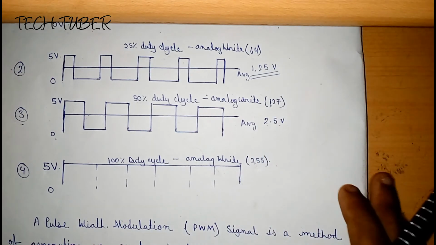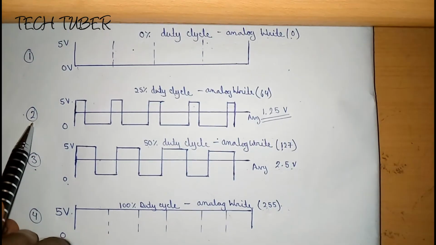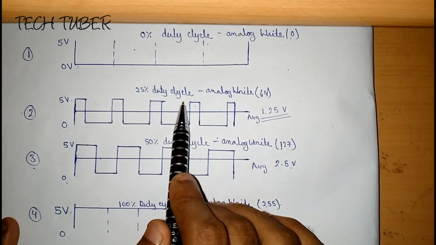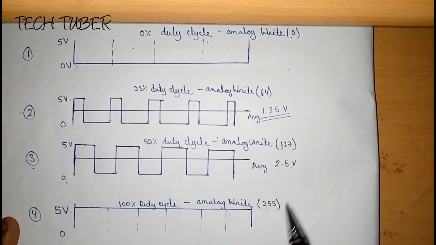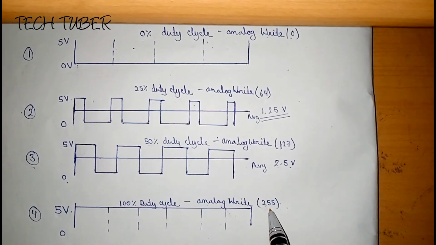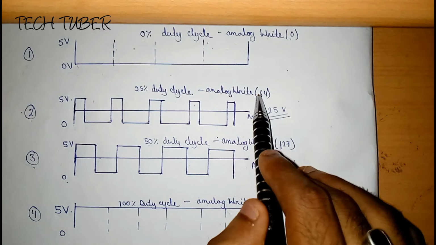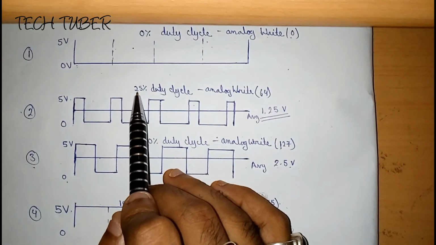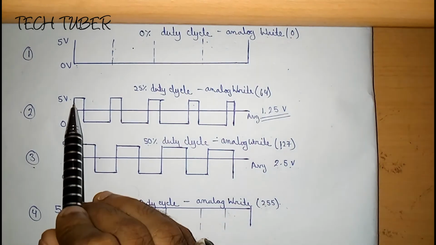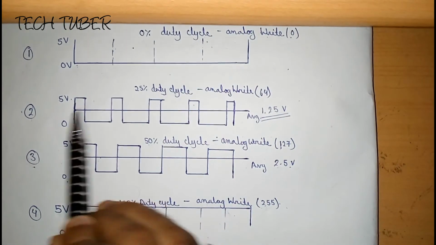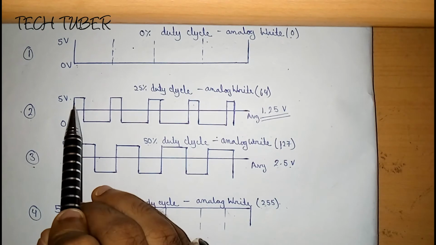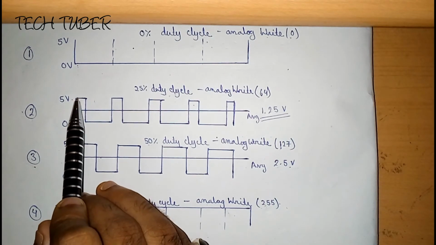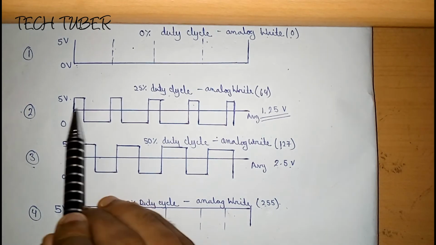So again, from graph number 2, here we are taking 25% duty cycle, and the analog value will be exactly 25% of the highest analog value 255, that is 64. And you can see, as we are taking 25% duty cycle, there is a total cycle. This is the total cycle time, and the time on high voltage is 25% of the total time.